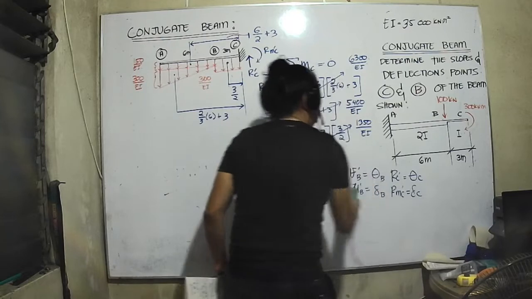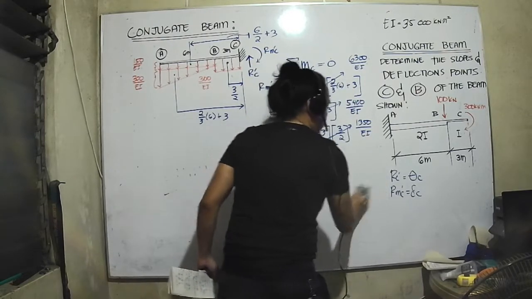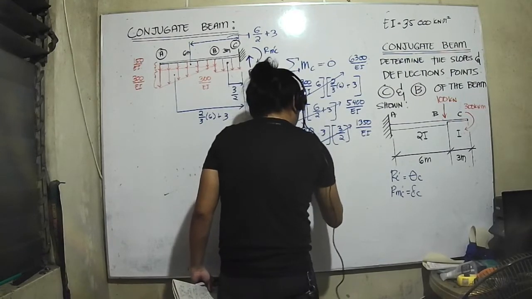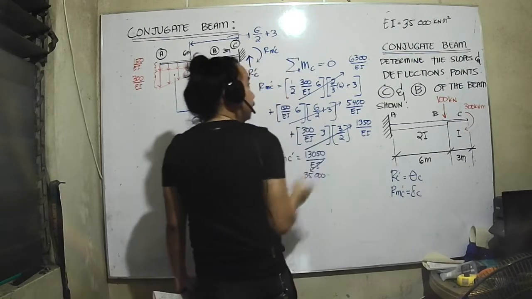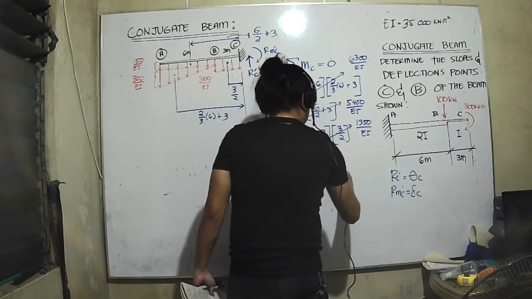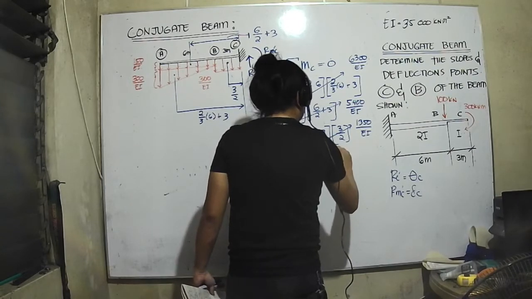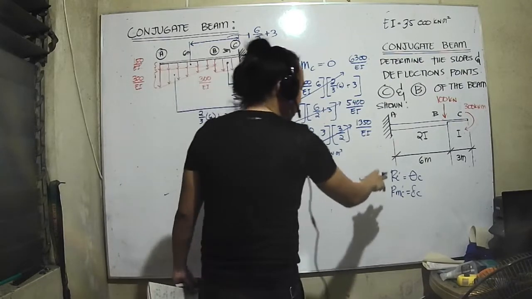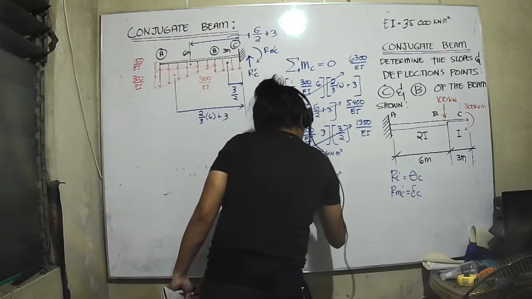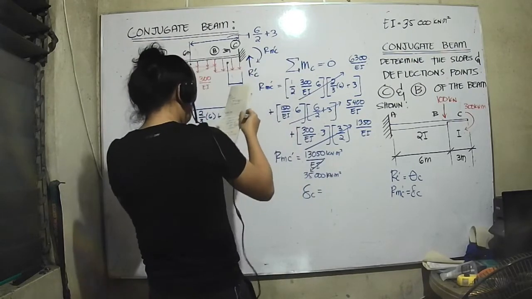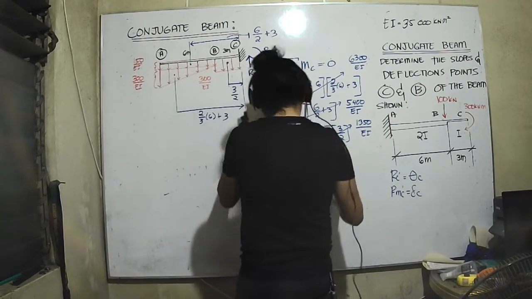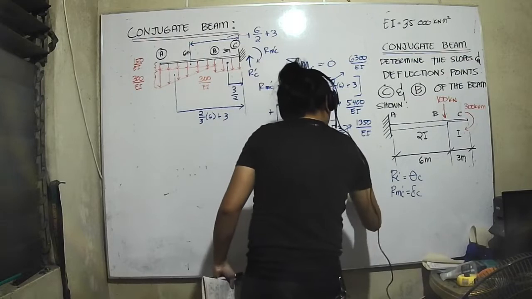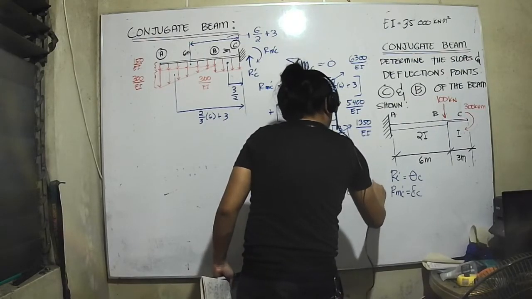In which case, our EI is equal to 35,000 kilonewton meter squared, which is kilonewton times meters cubed. I'll revert to the original case, which is delta C, and times 1,000, I will have 372.857 millimeters going down.